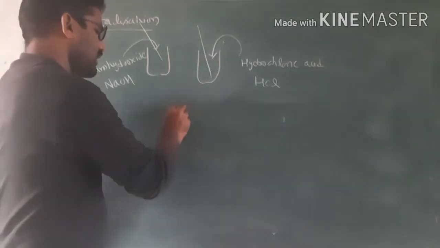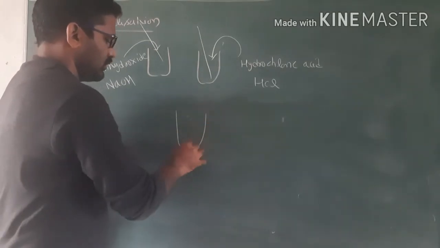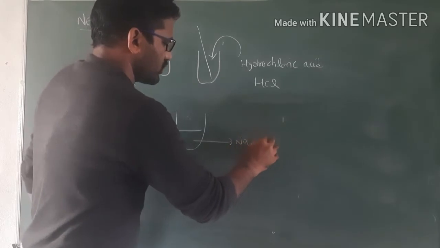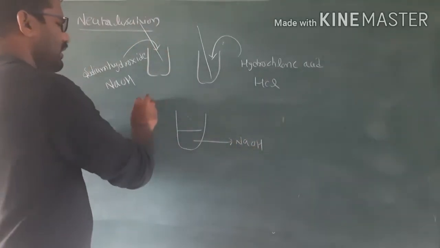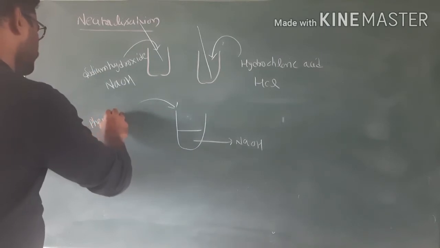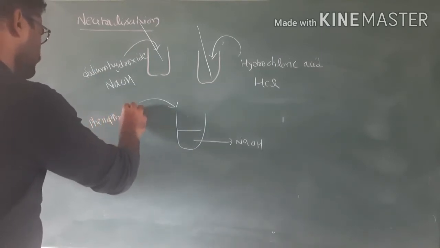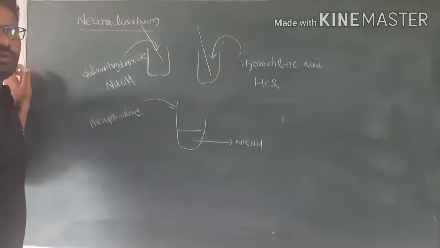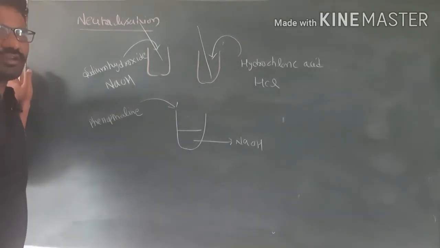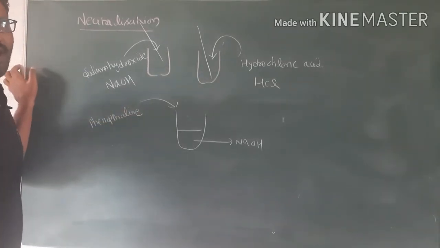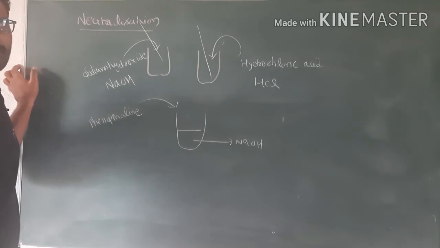Now take another beaker, take a little quantity of sodium hydroxide solution in it and add 2 drops of phenolphthalein indicator to it. As you know, whenever phenolphthalein indicator is added to a base, it turns pink, and when it is added to an acid, the solution becomes colorless.